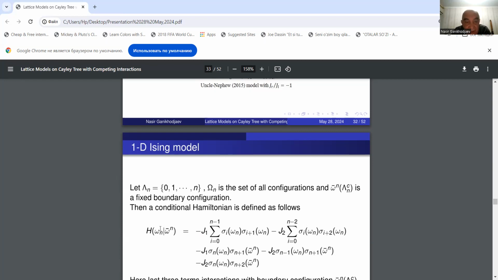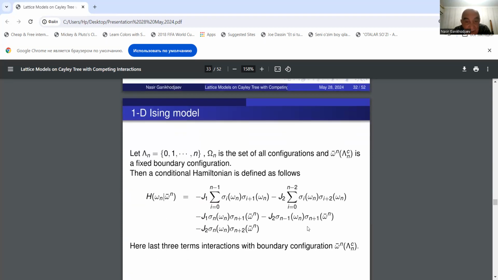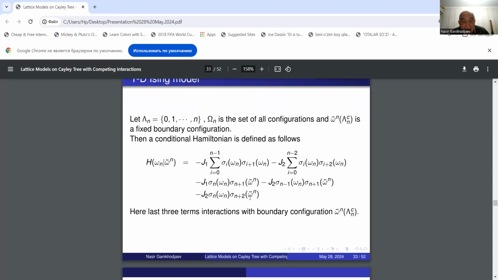Then we can consider the conditional Hamiltonian, that is, by fixing the boundary configuration, we compute the Hamiltonian for the configuration on lambda n. This is interaction of inner spins here and here, and this is interaction of inner spins with the boundary. We have such a sum, and we can compute it because this is a finite sum.